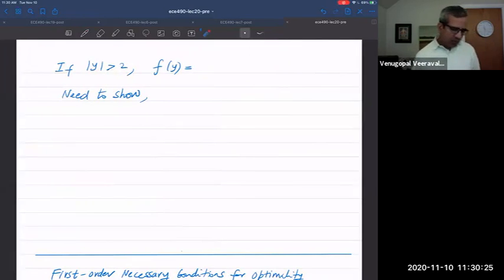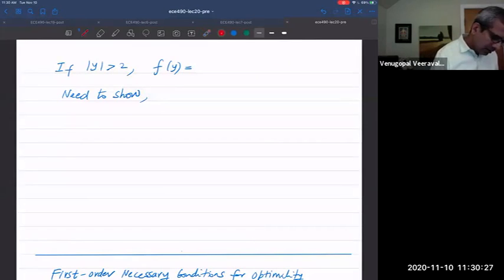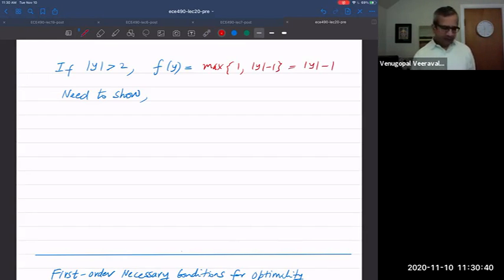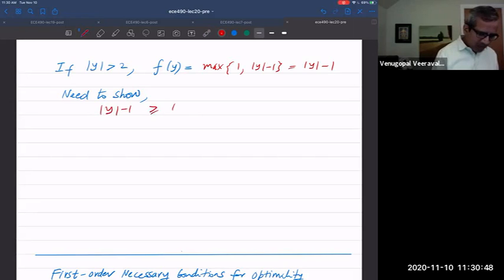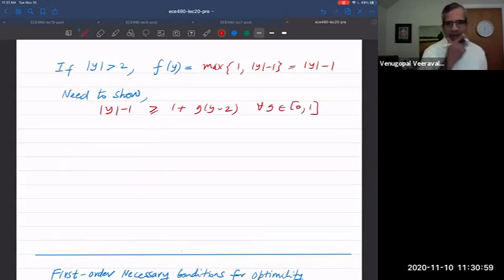If y is bigger than 2, then the max of 1 and y minus 1 is the same as y minus 1, because that second term dominates the max. So what we need to show now is that y minus 1 is bigger than 1, which is f(2), plus g(y minus 2) for all g belonging to [0, 1]. Okay.